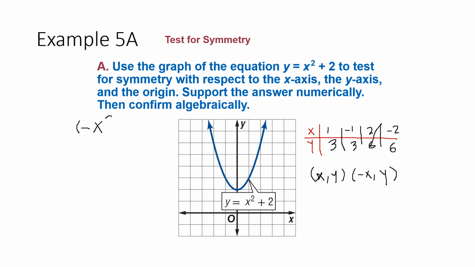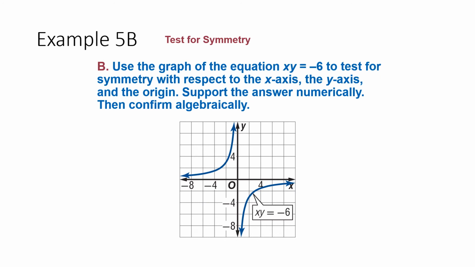So we have many ways to confirm it: using the graph, supporting numerically, or confirming algebraically. I replaced the x in x squared with -x. Is it equal to x squared plus 2? Yes, of course it is equal, so that's how I will confirm it algebraically as well.